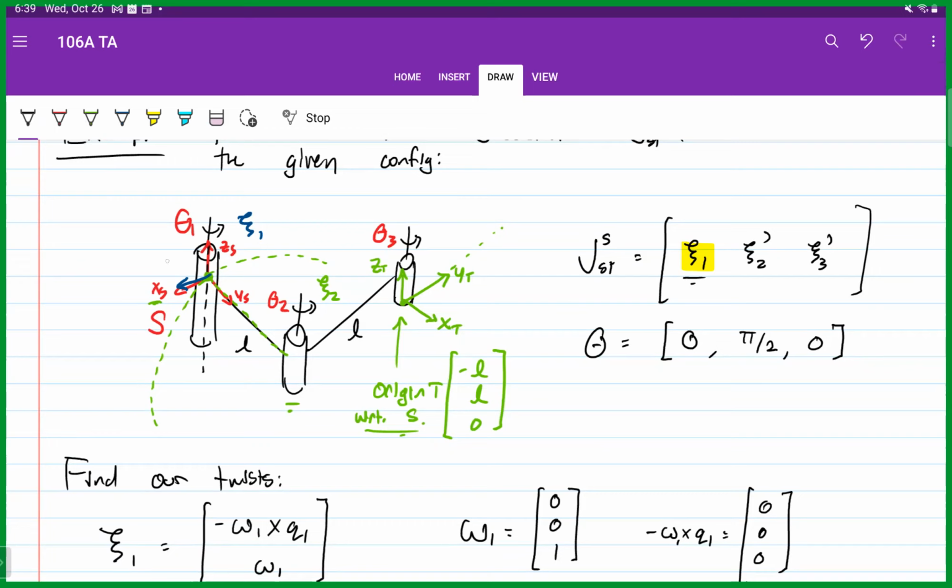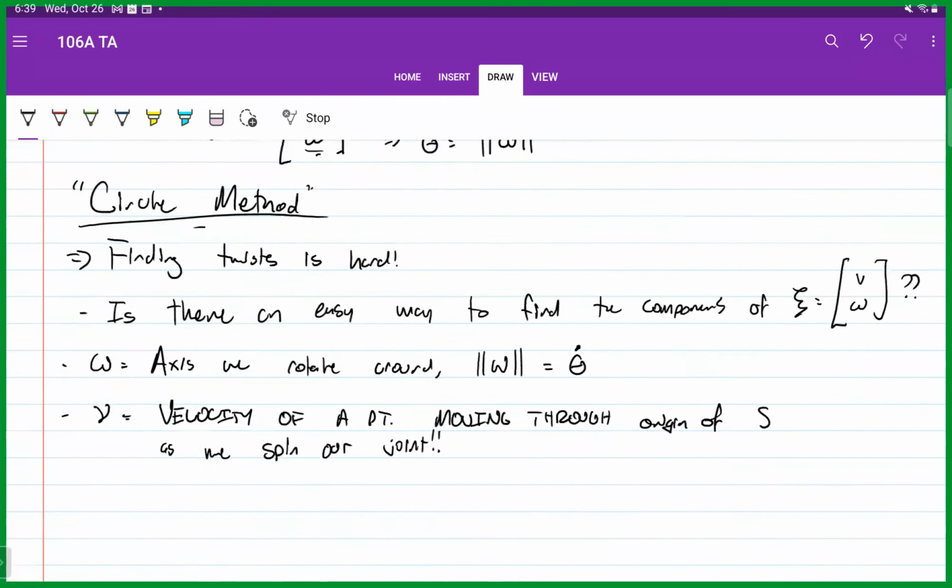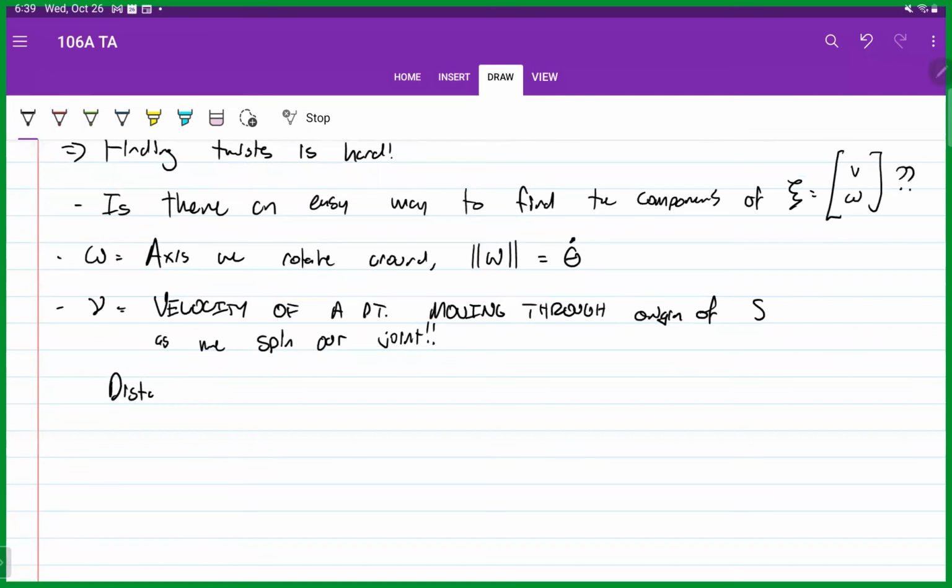So in this case, we're a distance L away from our axis of rotation, and we're pointing along the x direction. Let's write that down. We have a distance L to the axis, and velocity is in our x direction.